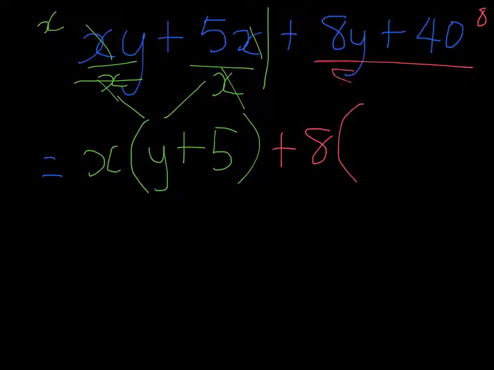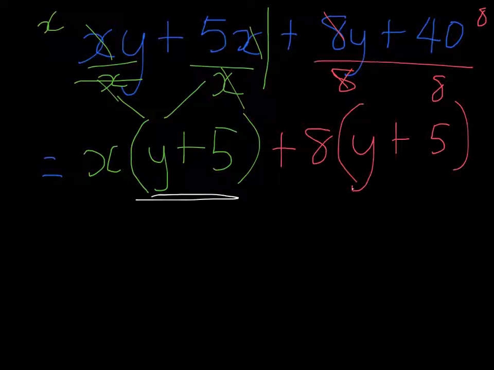So divide 8y by 8 is going to leave you with y, and divide 40 by 8 is going to give you 5. You will hopefully now notice that there is a pairing of the same. So that's what we're looking for when we're factorising those expressions.